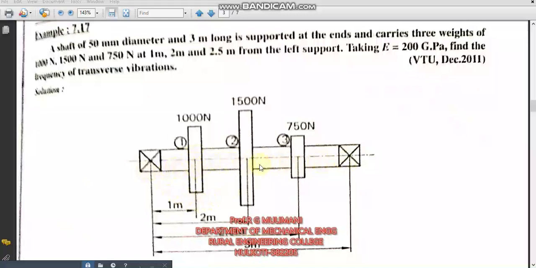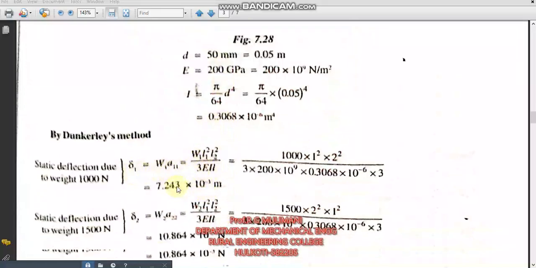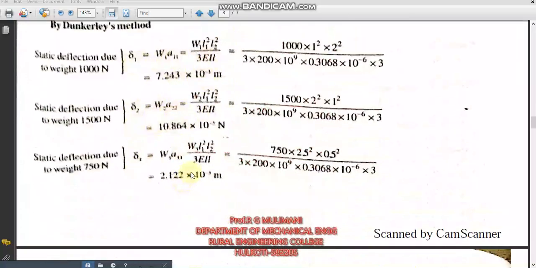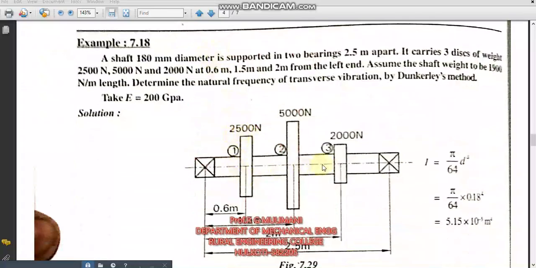So L1 is 1 meter, L2 is 2 meters, divided by 3EIL; this is A11. When it is multiplied by the weight, 1000 Newton, we get delta 1. Similarly, find delta 2 and delta 3, substitute in this equation, and you will get the natural frequency of the system.